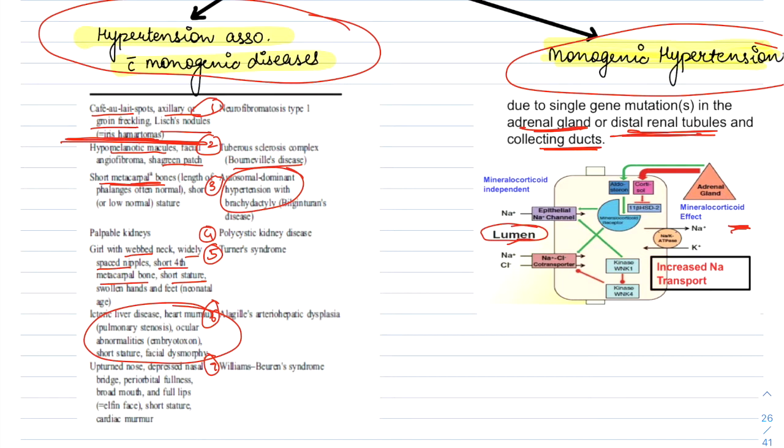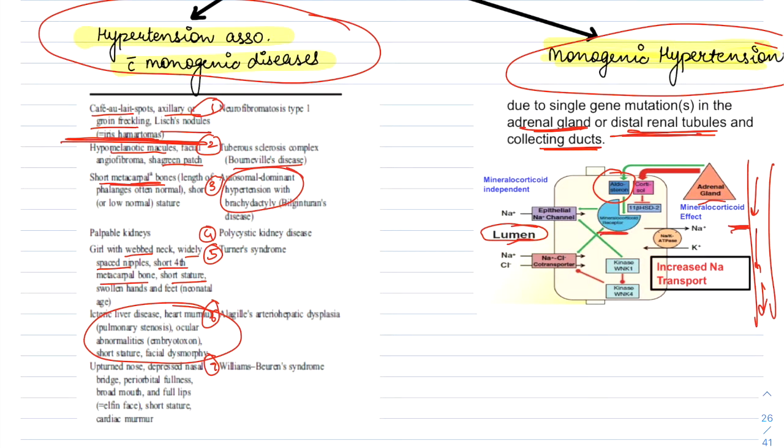Now, all the hormones brought through the blood supply at the basal side act on the distal renal tubule as follows. Aldosterone, which is produced by the adrenal cortex, is brought to the distal renal tubule cell through the blood supply at the basal side, and exerts a mineralocorticoid effect by acting on the mineralocorticoid receptor.